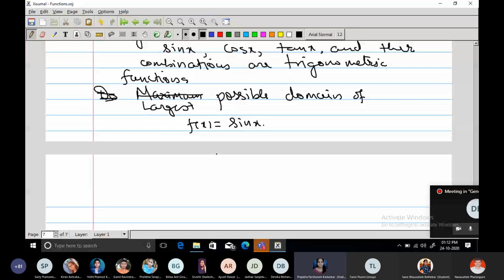Isn't it defined at 2? No, sir. Why? Sin 2 does not exist. Sin pi does not exist. The maximum possible domain can be the set of real numbers.